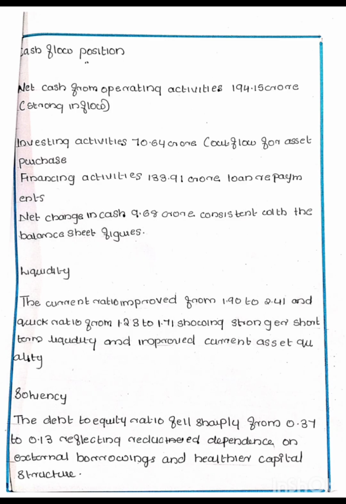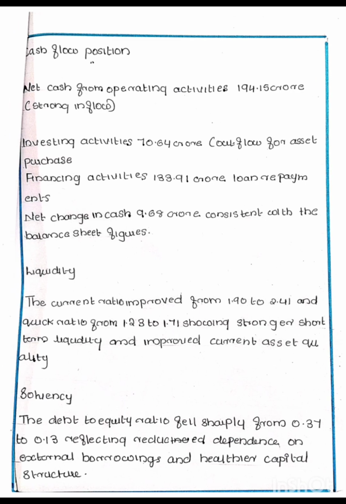Then the liquidity: the current ratio improved from 1.90 to 2.41 and the quick ratio from 1.23 to 1.71, showing stronger short-term liquidity and improved current asset quality. Solvency: the debt-to-equity ratio fell sharply from 0.37 to 0.13. That reflects reduced dependence on external borrowings and a stronger capital structure.